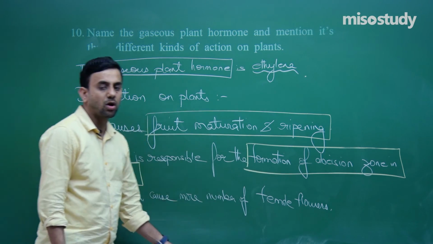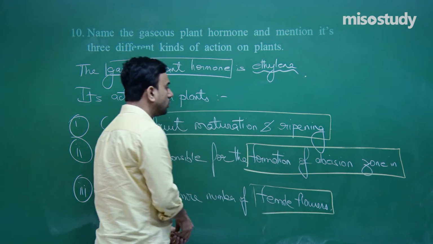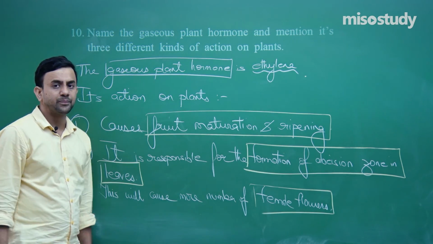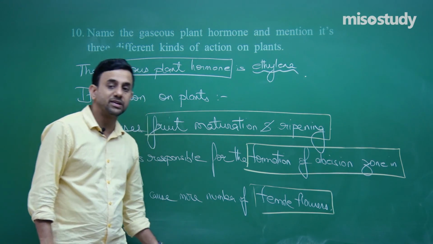Hence, ethylene is very, very important for fruit maturation and ripening, where it plays a very major role.